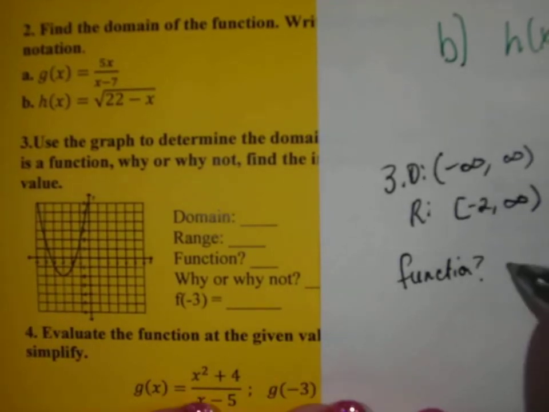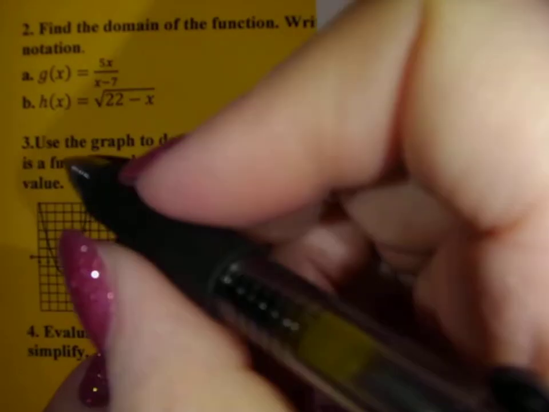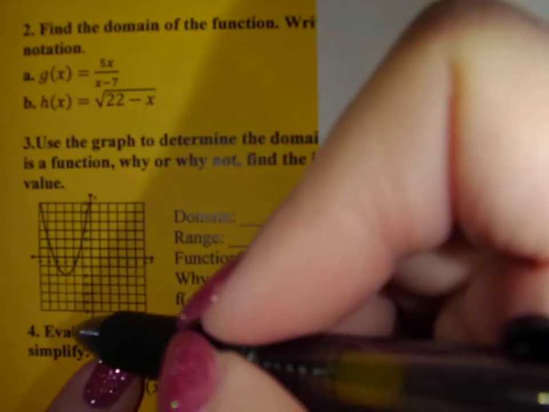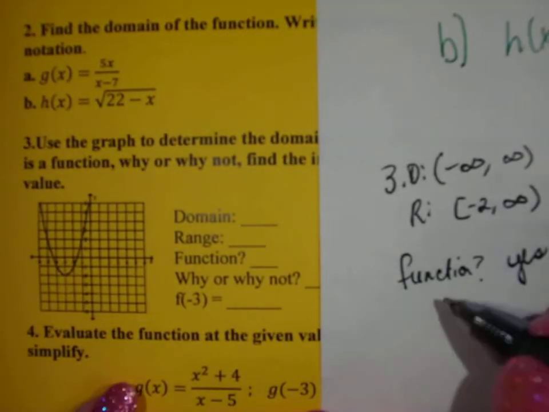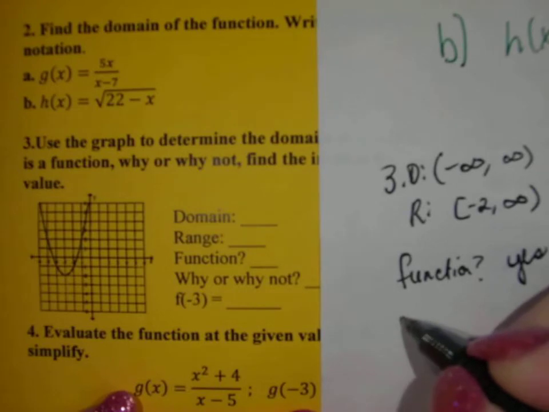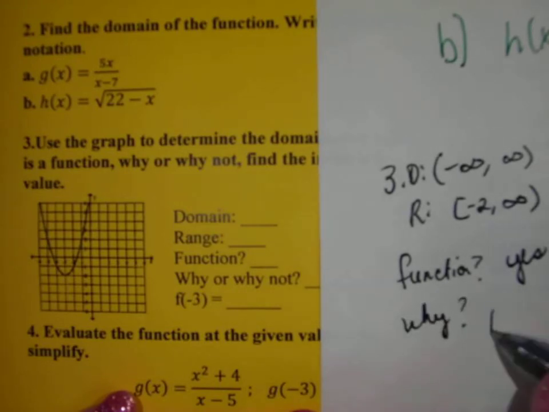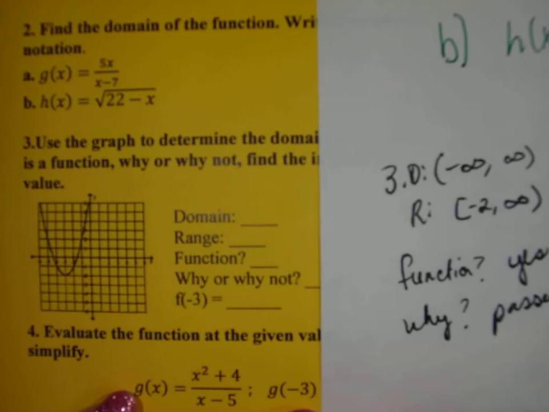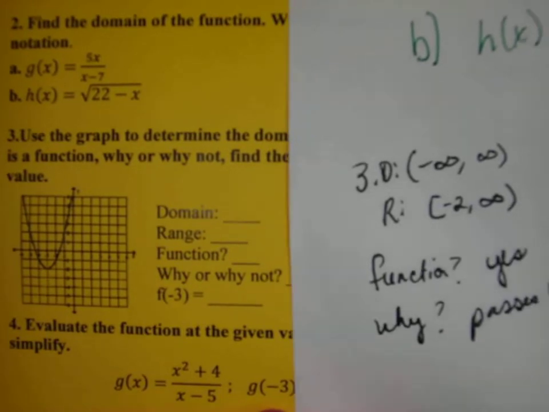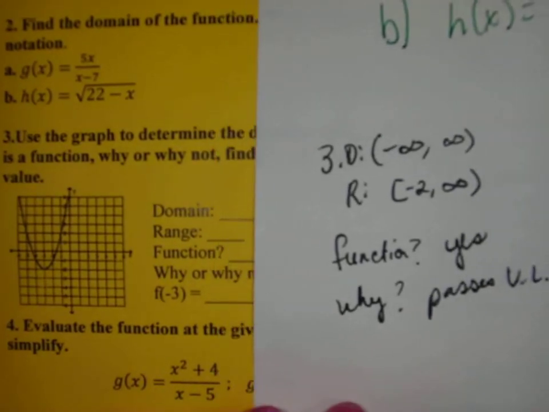So is it a function? Yes, it is. And on yours, you would actually draw a line on the exam. And we're going to say why or why not it passes the vertical line test. And I'm okay if you put VLT. So passes vertical line test.